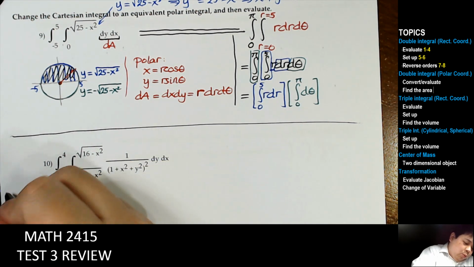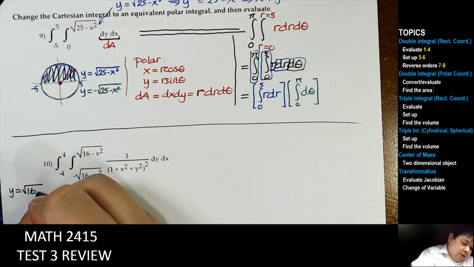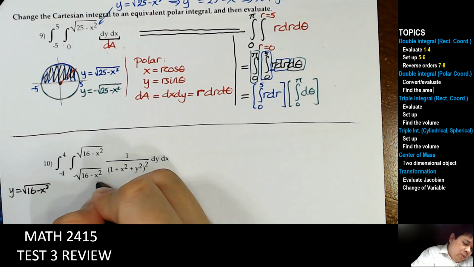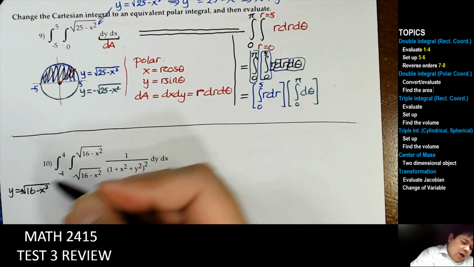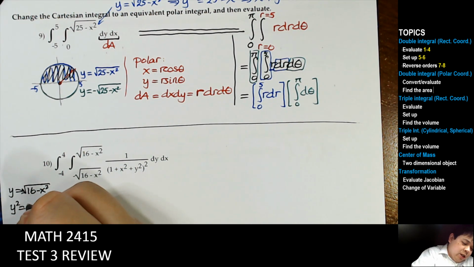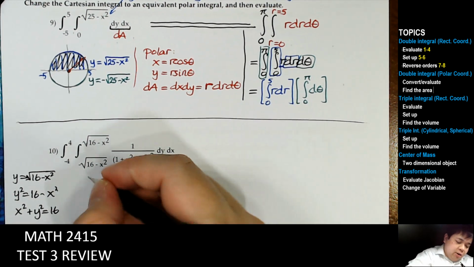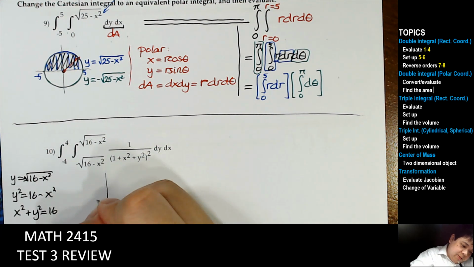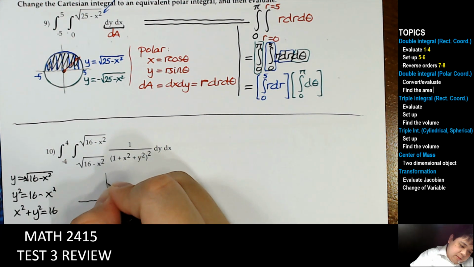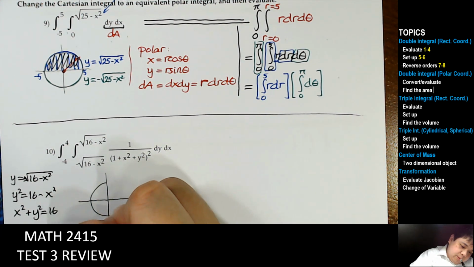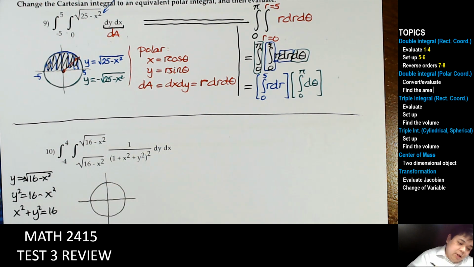So if we square both sides similarly, square both sides, either plus or minus, squared we have y squared equal to 16 minus x squared. So x squared plus y squared is equal to 16. So we have a circle, radius 4.